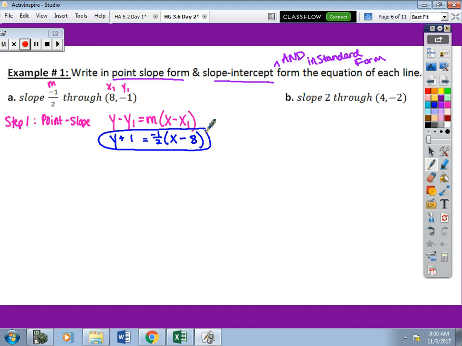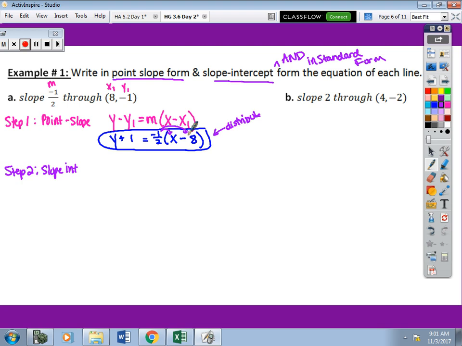They also want us to put it in slope-intercept form. So step 2 will be slope-intercept form. To do that, we have to distribute first. The first thing we're going to do is distribute the negative 1/2.